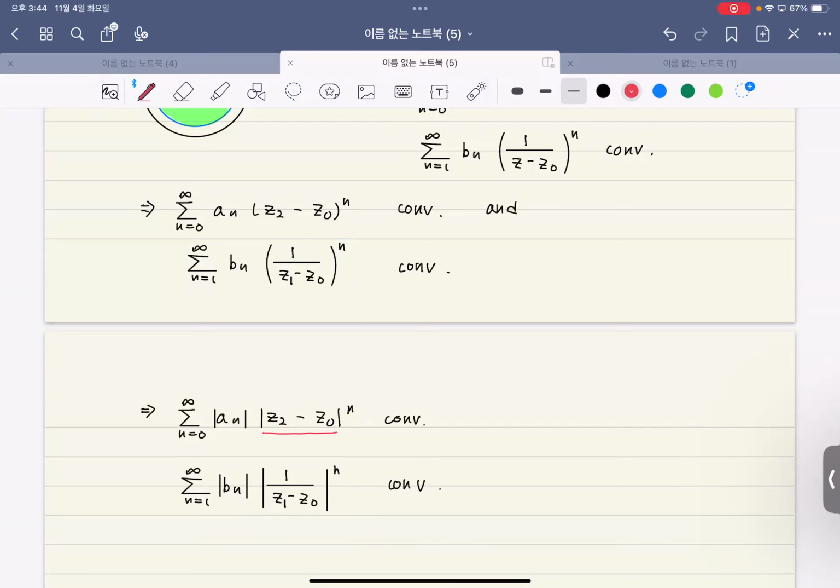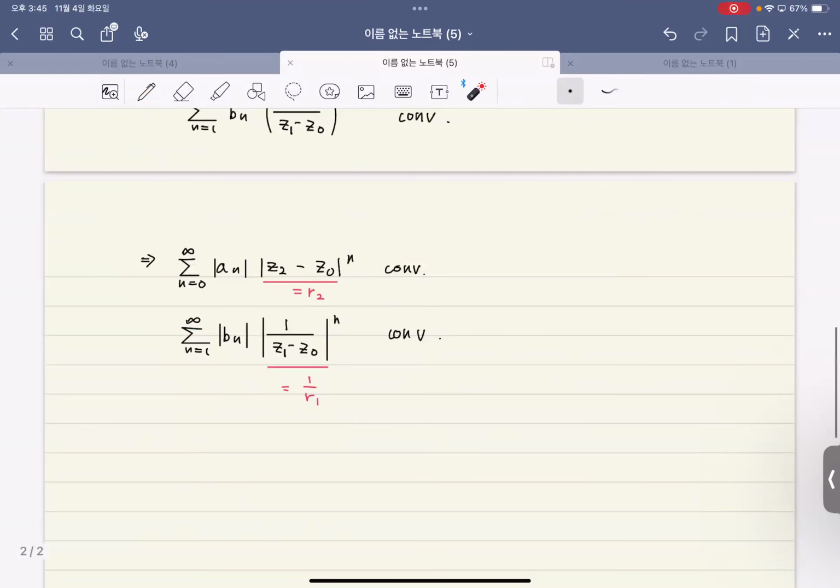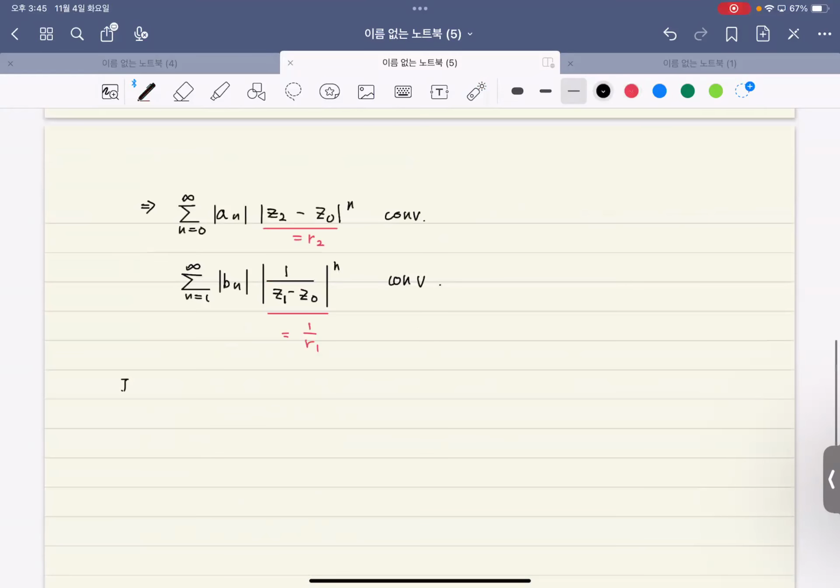I'm going to say this number is R2, and this entire fraction is 1 over R1, because we have already assumed that this number is R2 and this number is R1. Suppose that my Z is inside of this closed annulus.